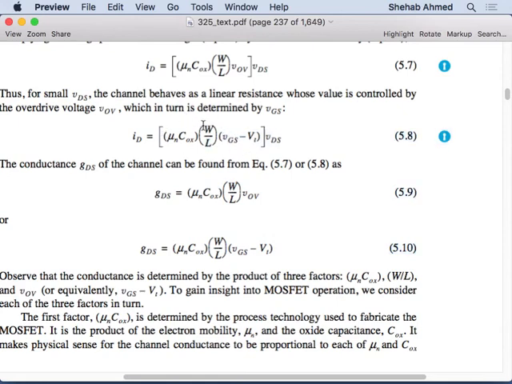So the resistance depends on the gate to source voltage, and the relationship between the value of ID and VDS is governed by this resistance. It's like having ID, current flow, from a voltage source, VDS, with a resistance between them that you're controlling.